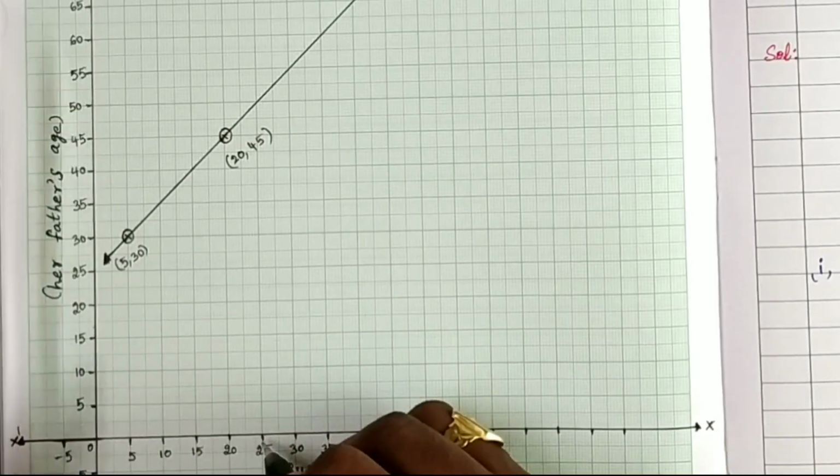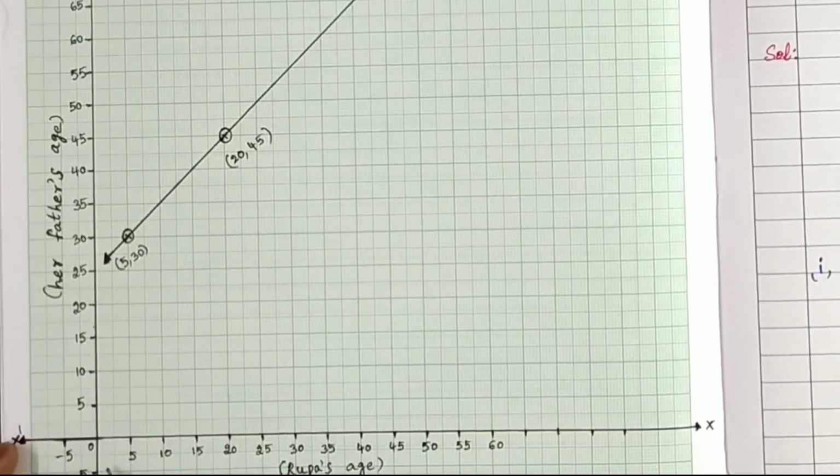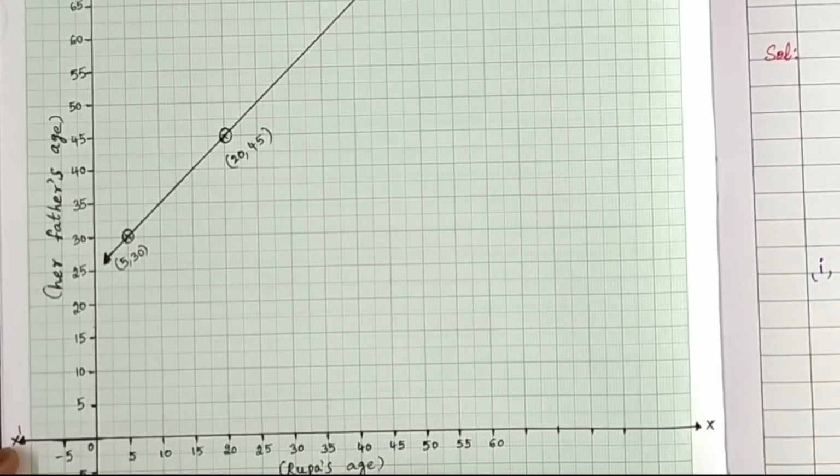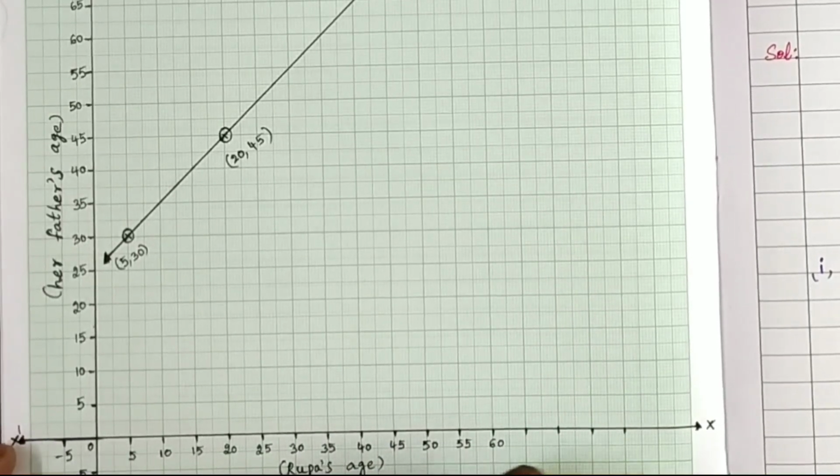When Rupa's age is 25 years, where is Rupa's age? The x-axis indicates Rupa's age.